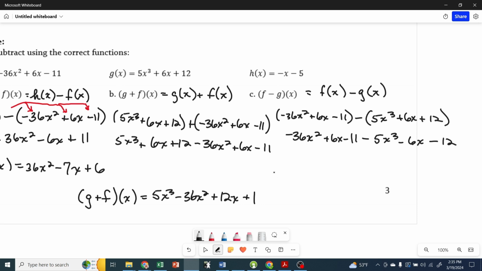So now we rewrite in descending order and combine like terms. So f minus g of x is equal to negative 5x cubed minus 36x squared. 6x minus 6x is 0, and negative 11 minus 12 is minus 23.